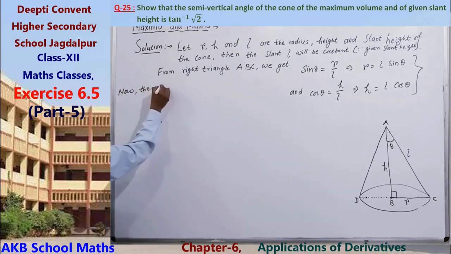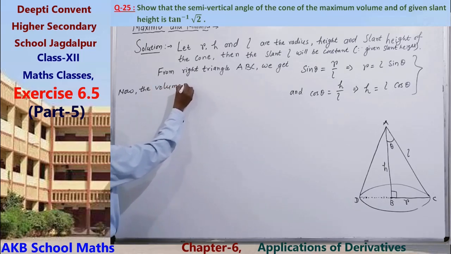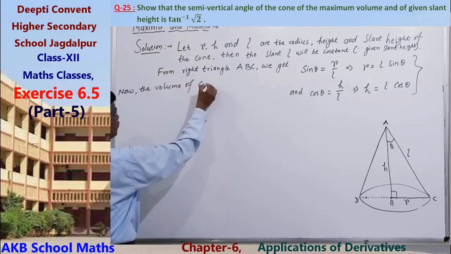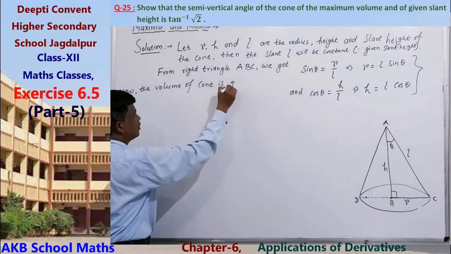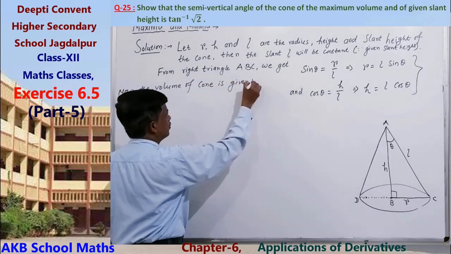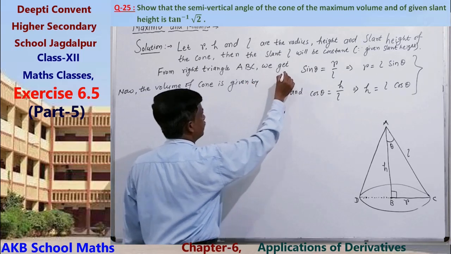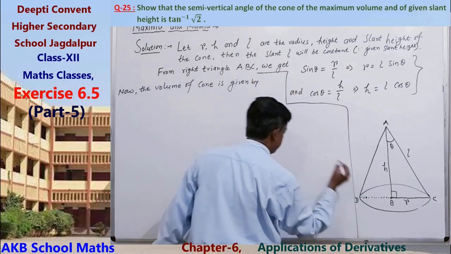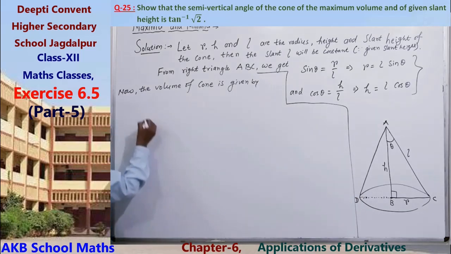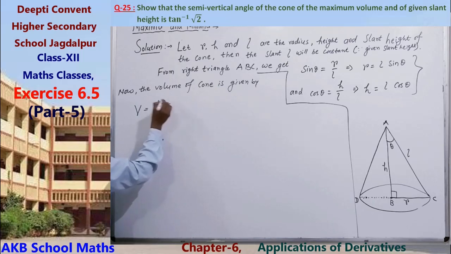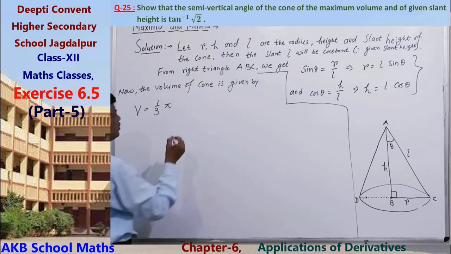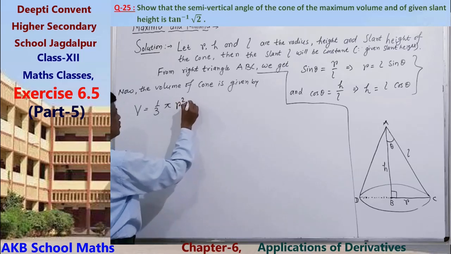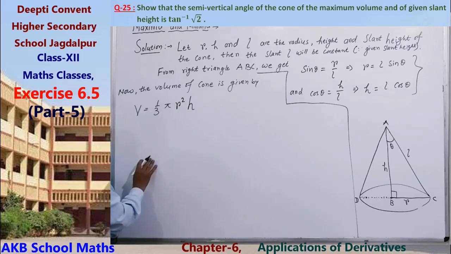The volume of the cone is given by V equals 1 by 3 π r² h.